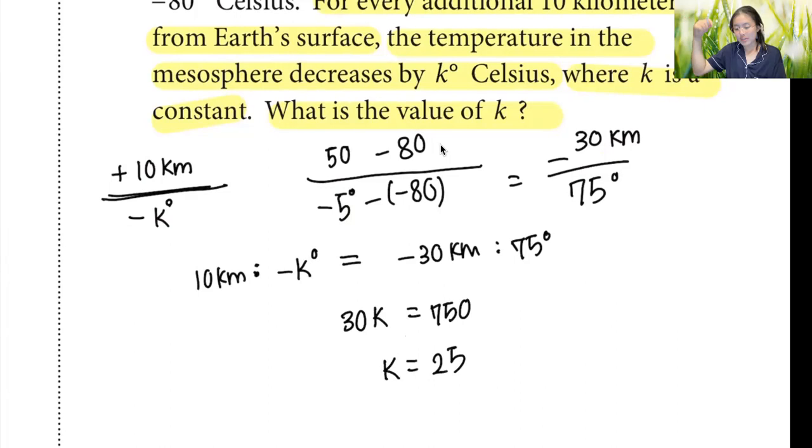Notice how I mixed up the units. I did that because for any ratio, you need to start from the middle and then the outer sides.